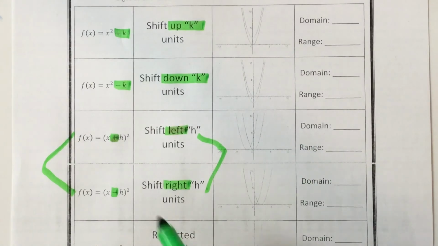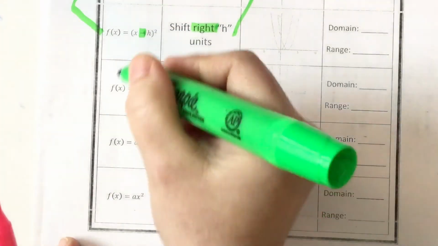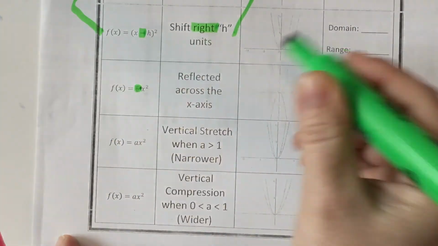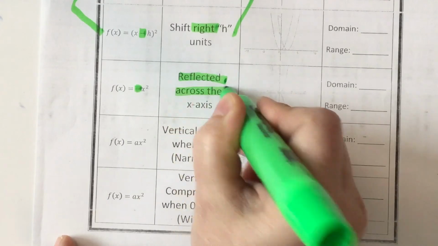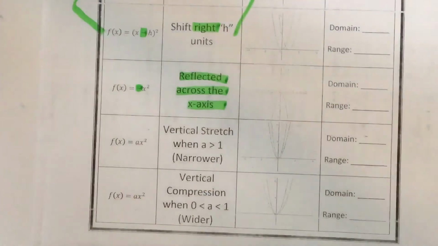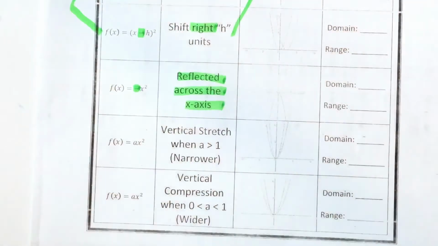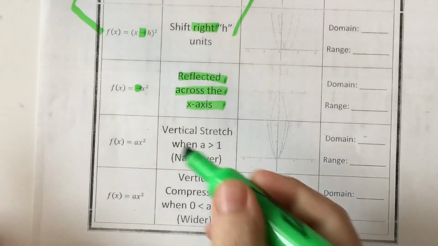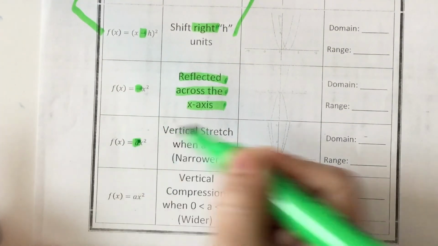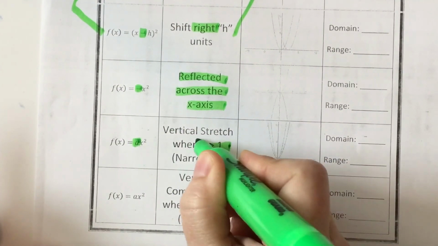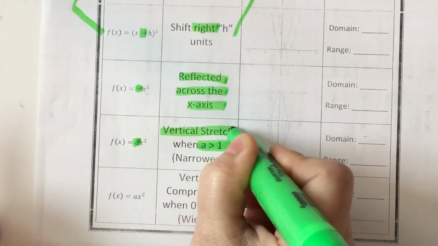A minus inside makes the graph go to the right. Okay, and then we saw that a negative in the very front reflects across the x-axis. And then the other things we saw is that the number in front, as it gets bigger than 1, it vertically stretches.